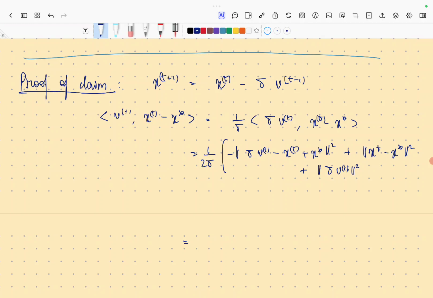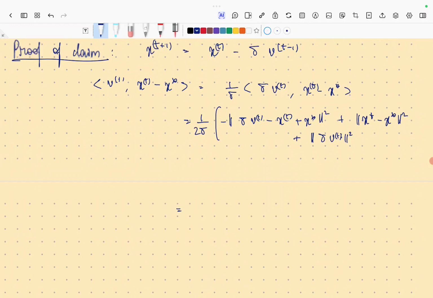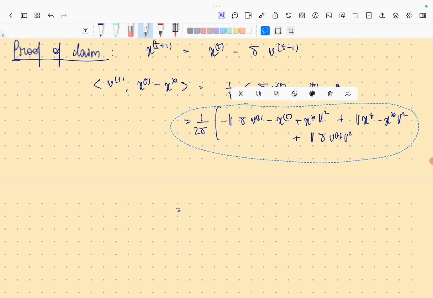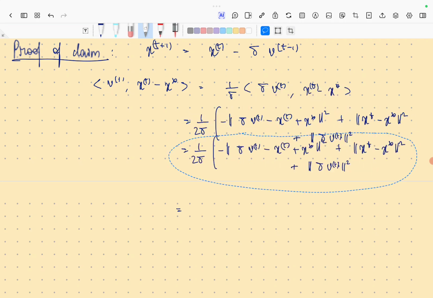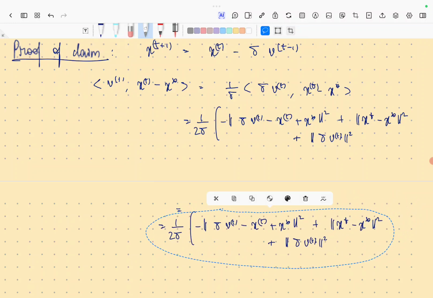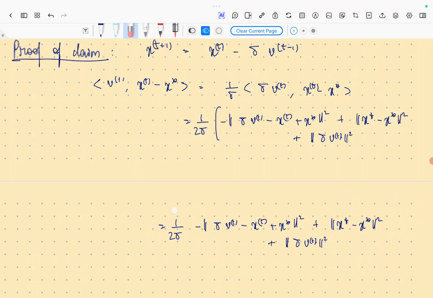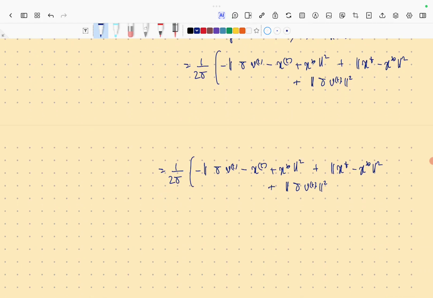Should this not have a norm a, norm b cos theta, because that is actually what the inner product is? Correct.